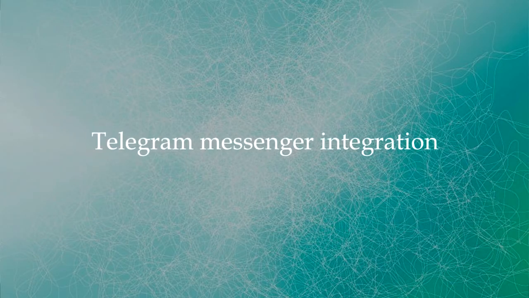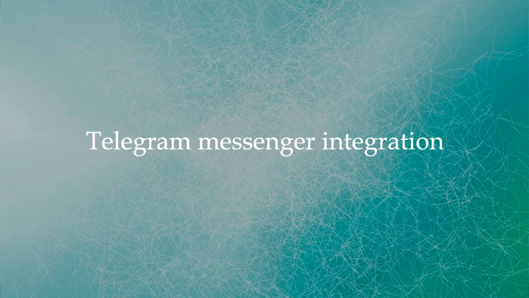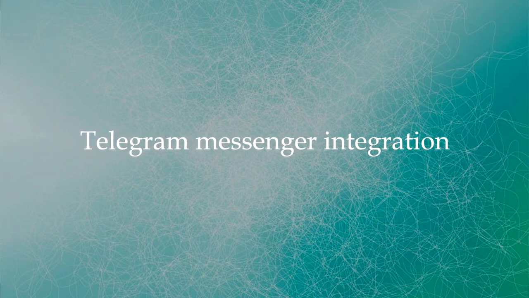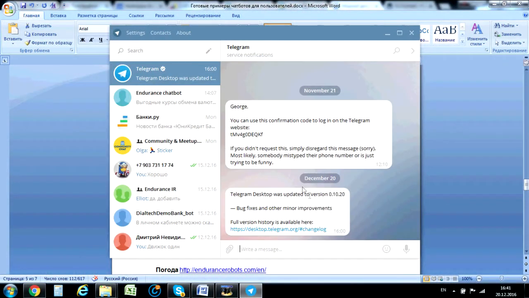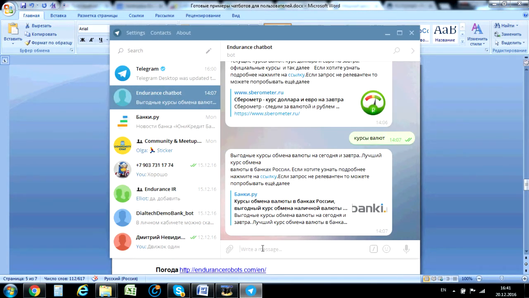Another very useful feature is getting information about currency exchange rates. For example, you're driving a car or you're doing something and you're in your messenger called Telegram. So if you wish, you could check the exchange rate for, let's say, dollars.